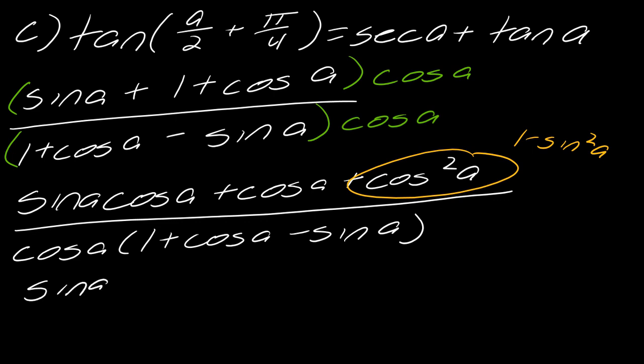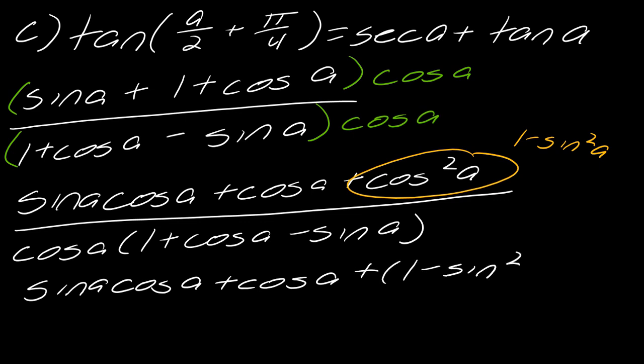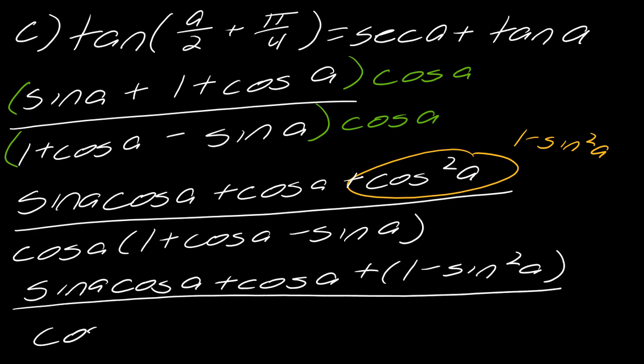So let's see. This is my thought, and this is a hard one, by the way. So I've got 1 minus sine squared A. I haven't touched the bottom yet. Cosine A.